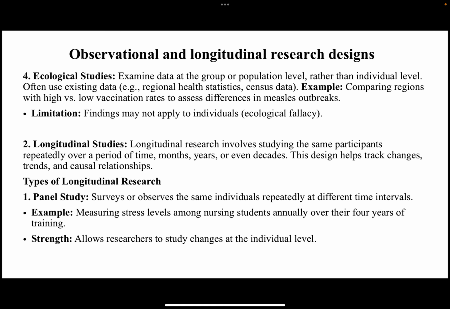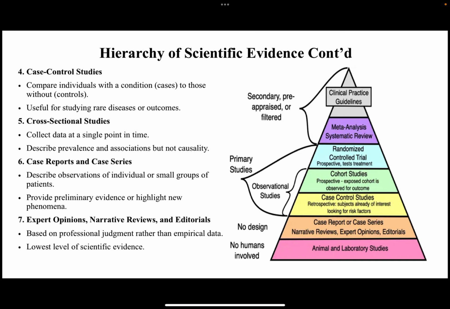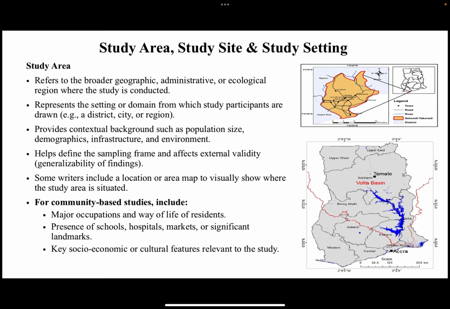But remember, if you are writing a proposal, you have to go this way. First of all, you define research design. Then you give the advantages or its relevance in research.